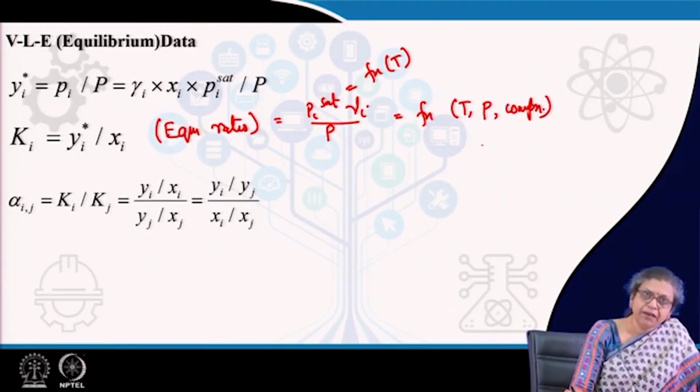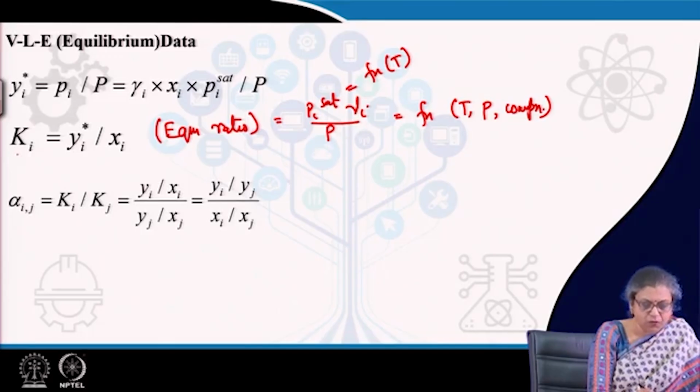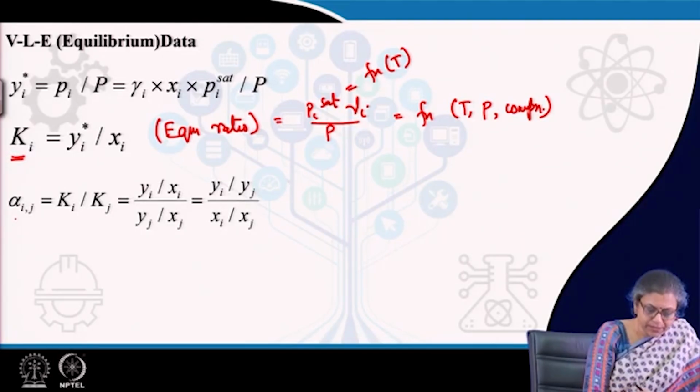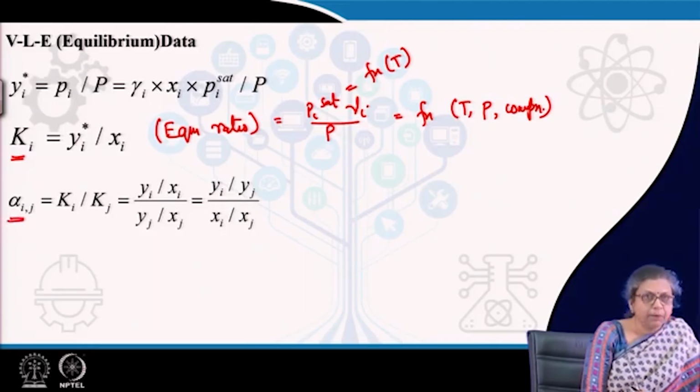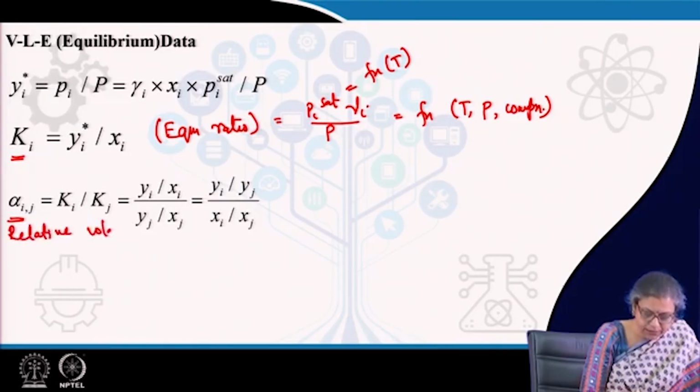So, very frequently instead of expressing the equilibrium data in terms of K_i, we express it in terms of a parameter alpha_ij, which is the ratio of the two K_i's, and for vapor liquid equilibrium this is known as relative volatility.